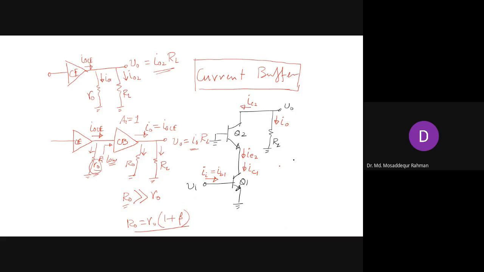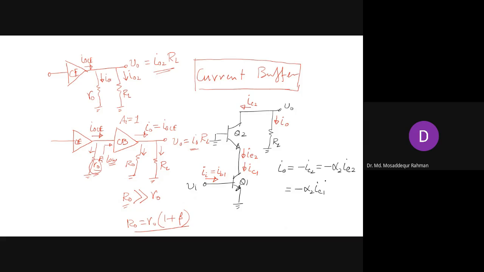So I start with I naught. I naught is minus IC2. IC2 is IC is IE minus alpha IE, right? Minus alpha 2 IE2. And IE2 is the same as IC1, so we write minus alpha 2 IC1.